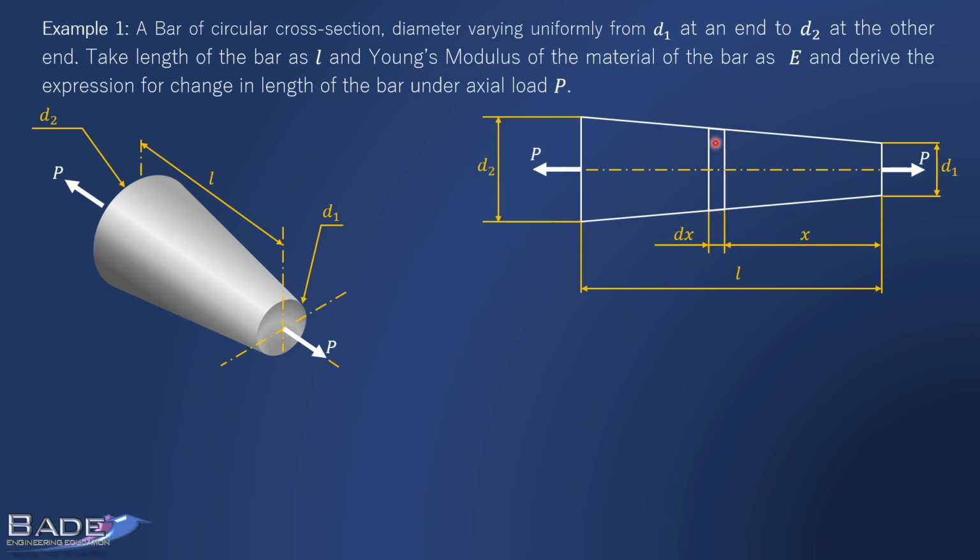Imagine this portion of the bar which is of length dx as a thin layer. As we say that a line is formed of infinite points, we may say that this rod is made of infinite layers. So this is one of the layers which is at distance x from the right end.